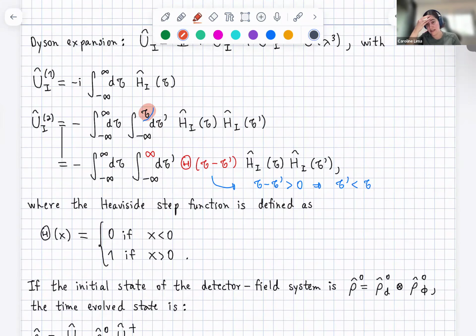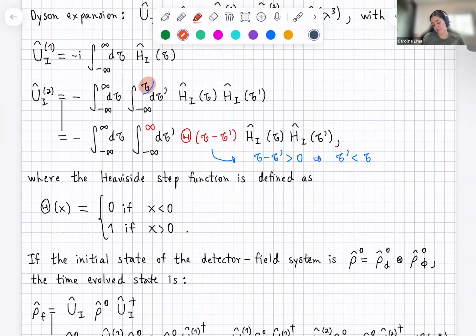The reason I decided not to do it is because there's going to be some identity that is going to be useful for me in my next calculation. So I just wanted you guys to get used to the Heaviside at this stage, rather than introducing everything during the calculation later. Basically, I'm just cutting the limit of the integral short. That's all. In some sense, the limits of the integral being over the whole space just look a little bit more symmetric, so I can do some stuff with it.